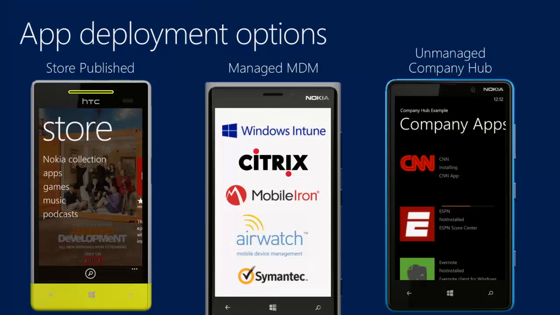With Windows Intune, you can actually go into the Intune hub and publish applications and then have them available on all the phones. For the unmanaged company hub, you're just going around MDM. You're self-signing those apps. You're giving the employees the AET, which we'll talk about later, the certificate, and letting them install the hub themselves and then install any of those apps that are available in the hub.